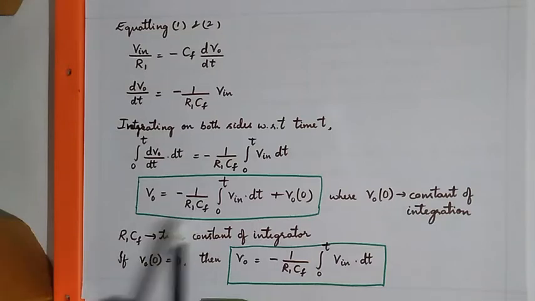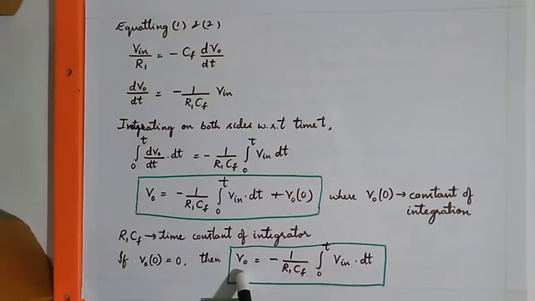This R1 CF is called the time constant of the integrator. If the initial output voltage is considered to be 0, then the equation reduces to V0 equal to minus 1 by R1 CF integral of 0 to t Vin into dt.